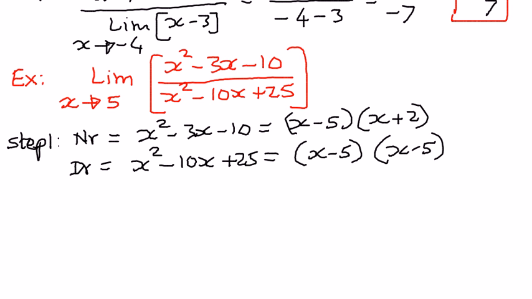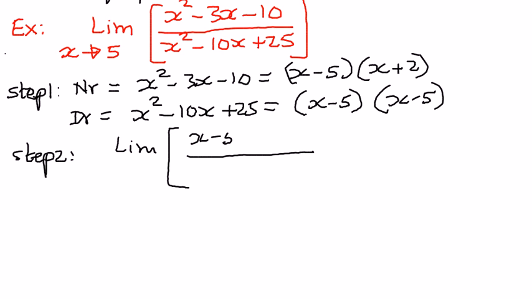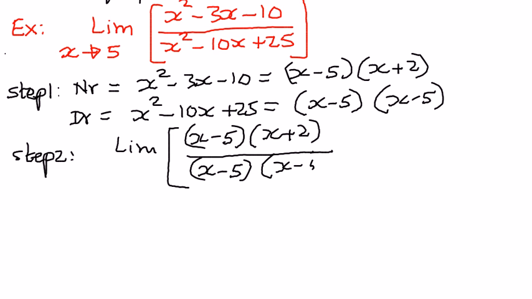So therefore, we can put all of these things together and then simplify it some more, and as a second step, we can rewrite the given limit as follows. Limit, the numerator part, x squared minus 3x minus 10, I can now write as x minus 5 times x plus 2, divided by the denominator part, the trinomial x squared minus 10x plus 25, I can write as x minus 5 times x minus 5, like that.